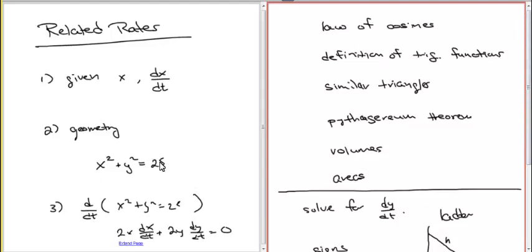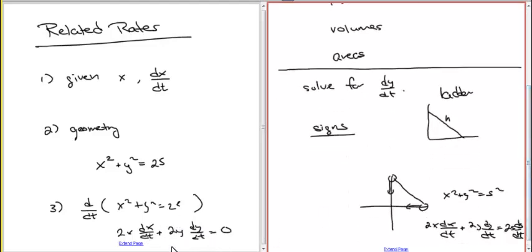So you have the geometric relationship, which relates the length variables but doesn't involve time. So you take the derivative with respect to time. Then it becomes a rate problem. And at that point, you try to make sure you know everything. And if you don't know everything, you may have to go back to this geometric relationship to solve for the one that you don't know. So then you solve for what you're asked in the problem, plug in the numbers, be careful of the signs. So yeah, I was talking about that.